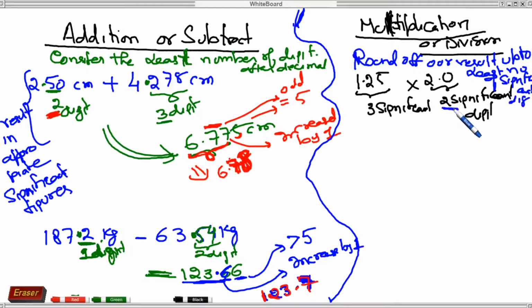Here the least number of significant digits is 2, because here it is 3. So we will consider this only, meaning our result should also contain the least number of significant digits.